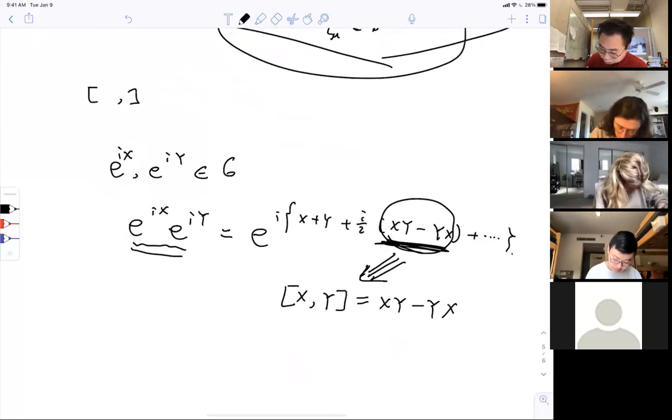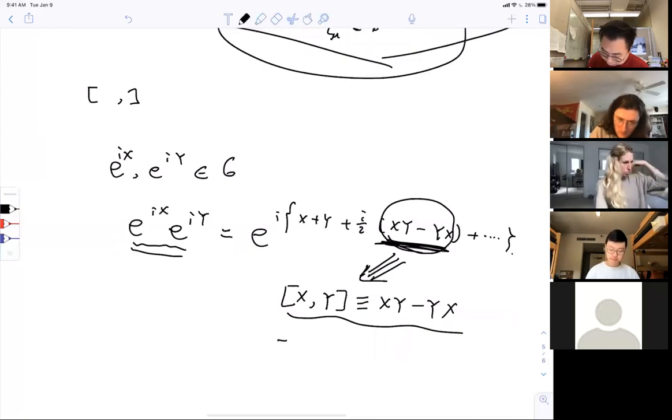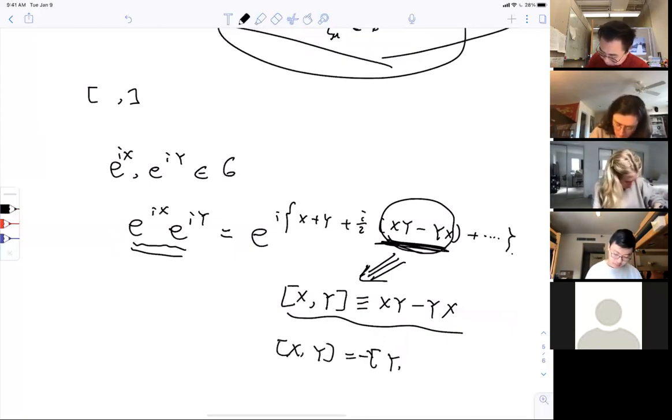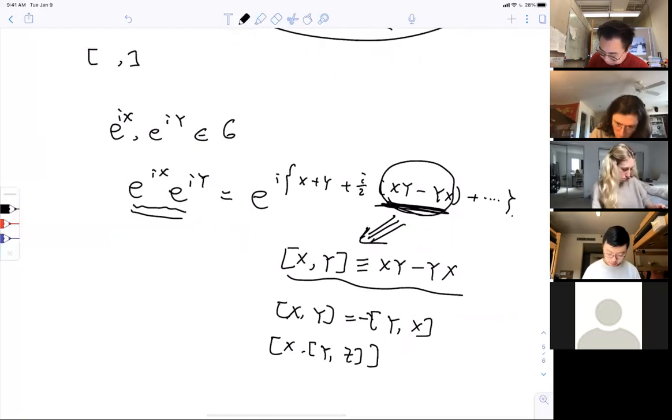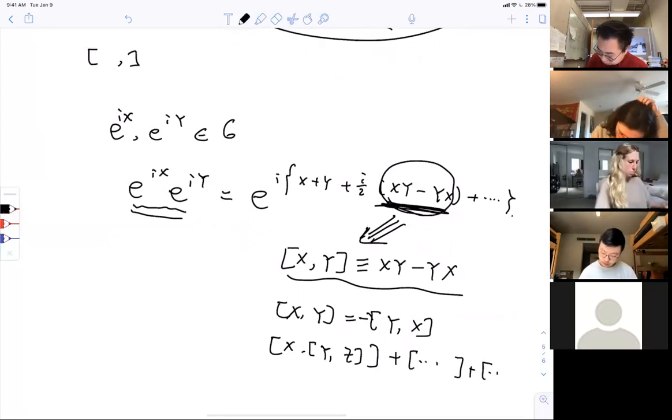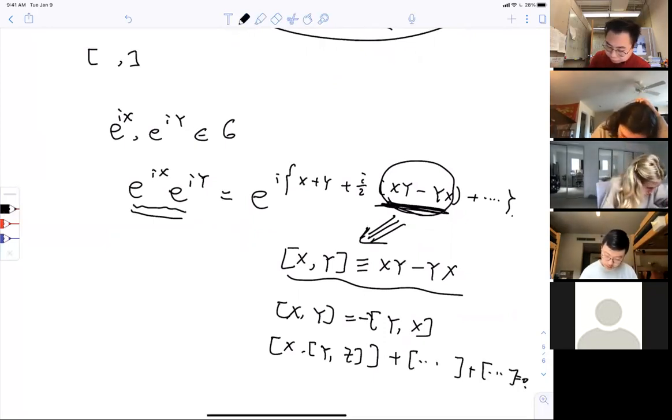According to this definition, it's easy to verify that [x,y] equals minus [y,x]. And also it satisfies the Jacobi identity. And in physics, we call this Lie bracket the commutator.